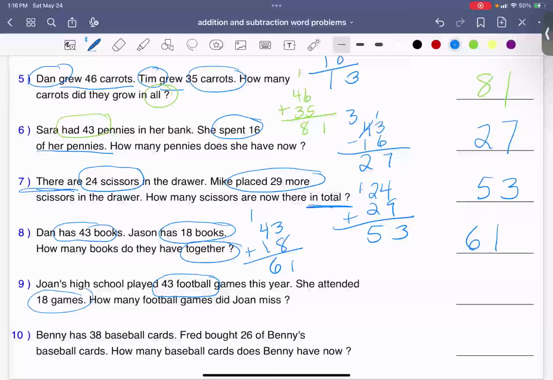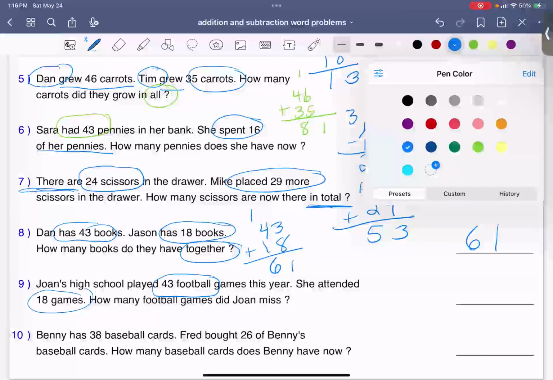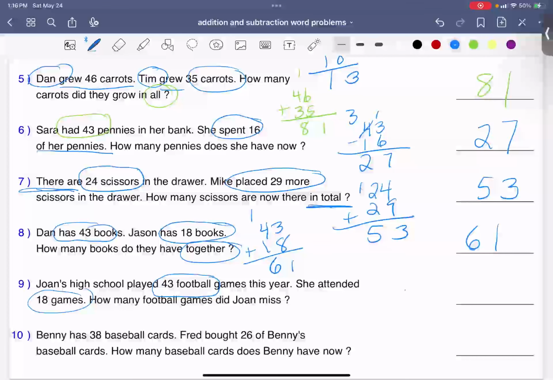So she didn't attend all of them. 18 is the total amount that she attended. So that means she didn't go to all of them. So she missed some. So if she missed some, that means she wasn't able to attend all of the games. So miss is telling us that it's subtraction. So 43 minus 18 gives us 25.